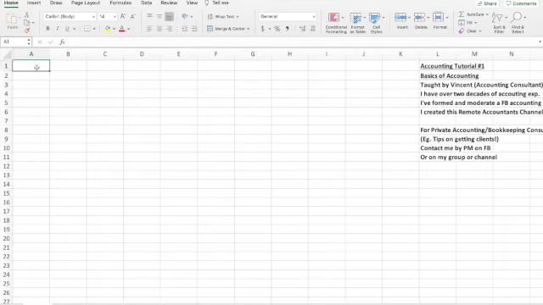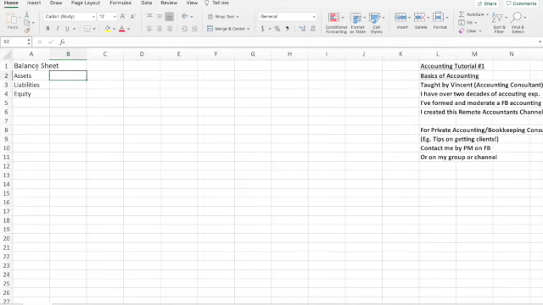And so let's talk about the balance sheet, right? The balance sheet is going to be composed of assets, liabilities, and equity. You call it owner's equity.